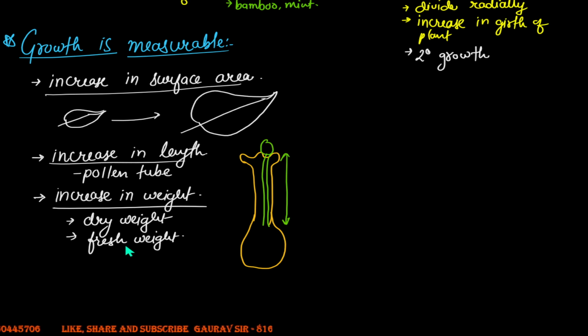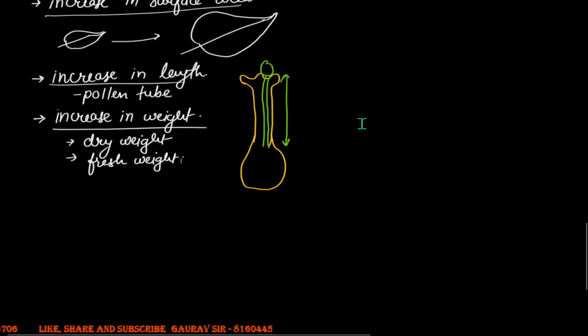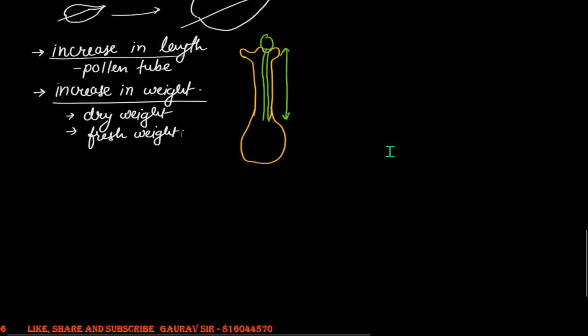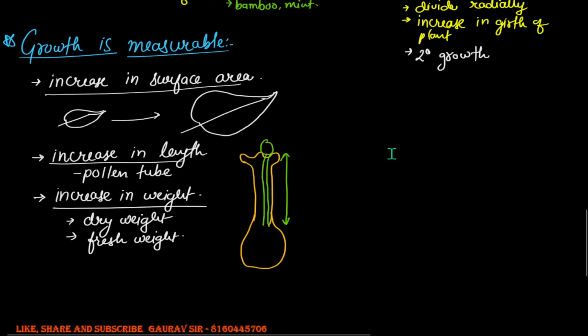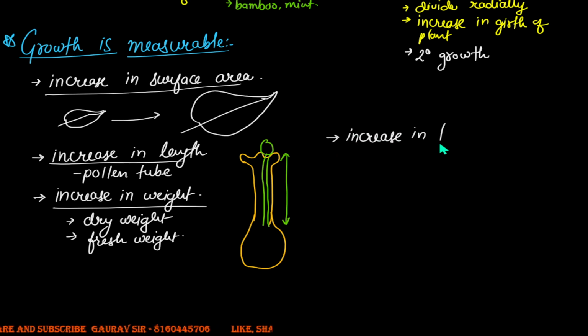Fresh weight is when you actually cut down the plant and weigh it. It has a considerable amount of water in it. But if you allow the water to evaporate, what's left behind is the dry weight. Similarly, you could also talk about the increase in the volume of an organ.